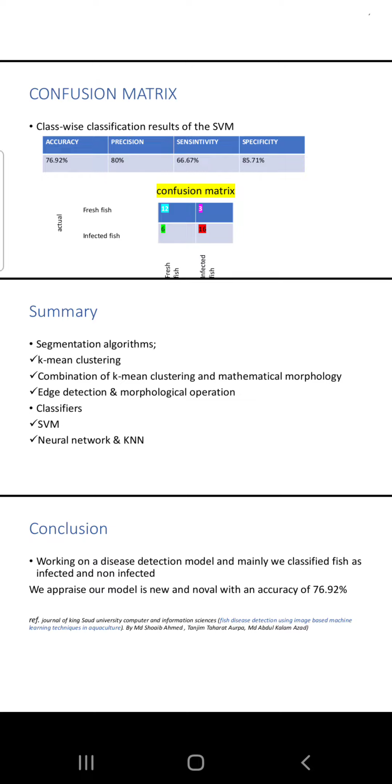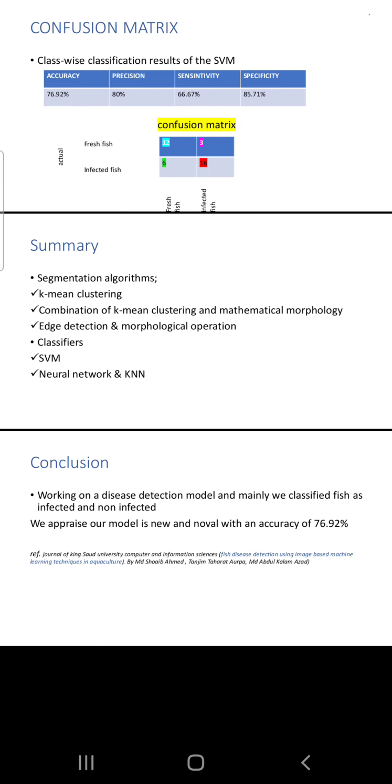And then the summary. For the segmentation algorithms, we used k-means clustering, a combination of k-means clustering and mathematical morphology. Then we used edge detection and morphological operations.